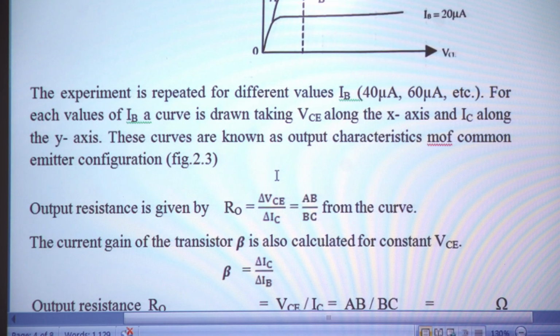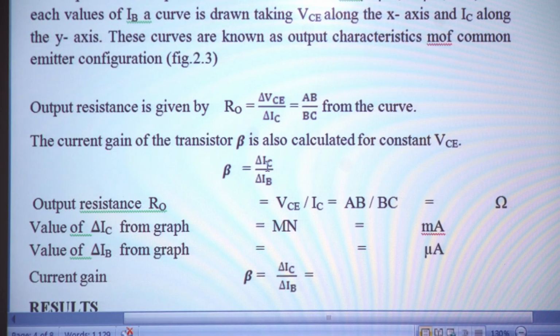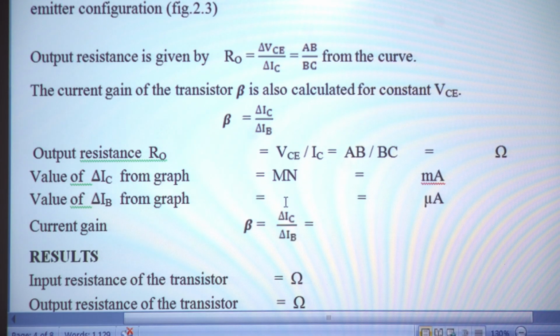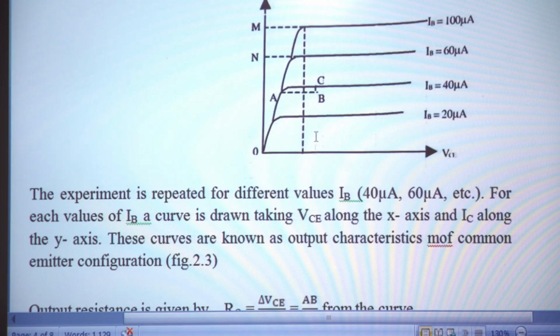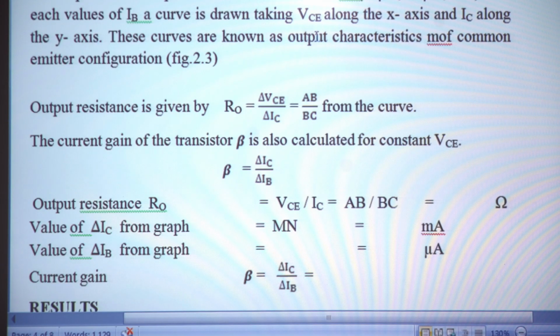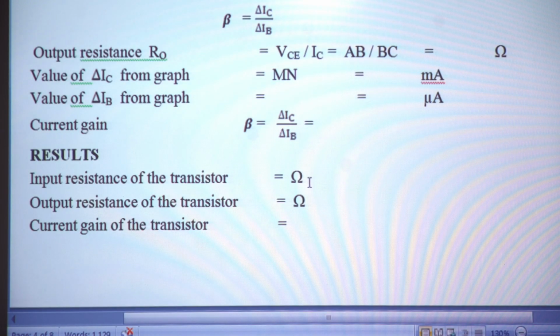Delta IC from the curve can be obtained as MN. Now the corresponding value of delta IB is 100 minus 60, or the IB value at M minus the IB value at N. From that we can find delta IC by delta IB. So we obtain the result: input resistance, output resistance, and the current gain.